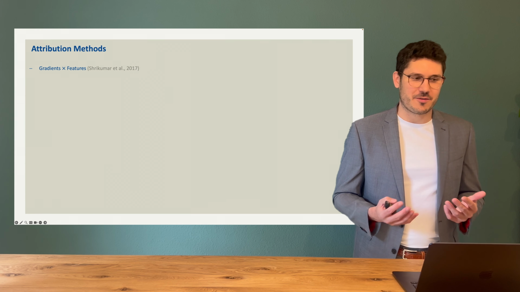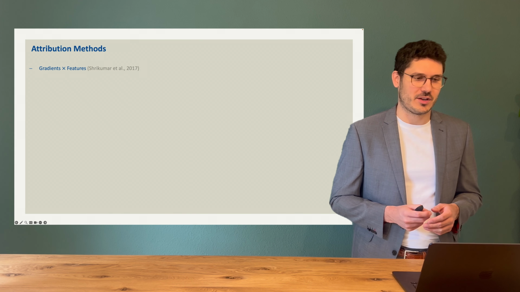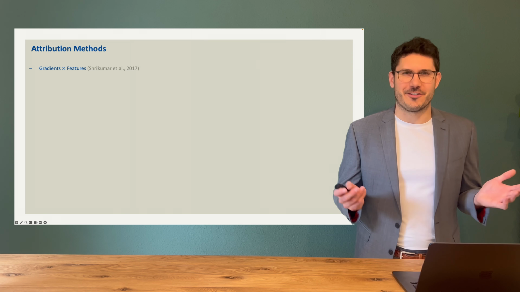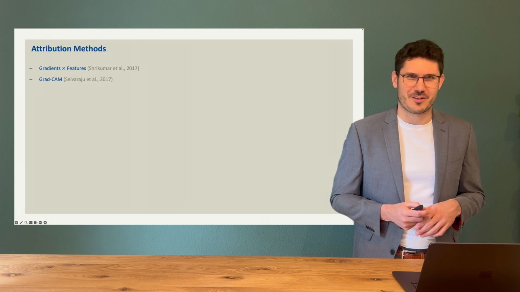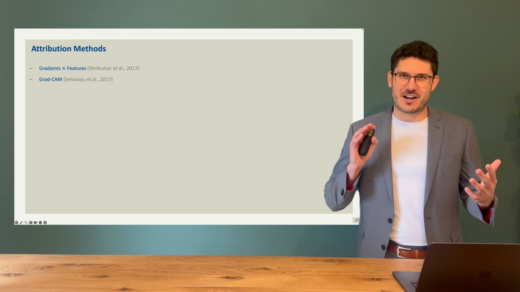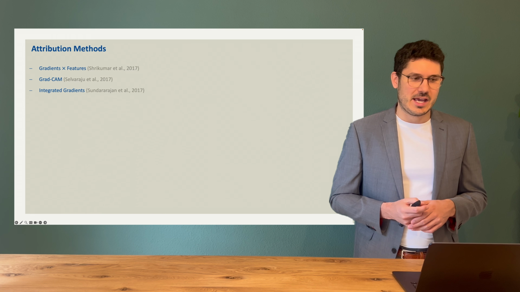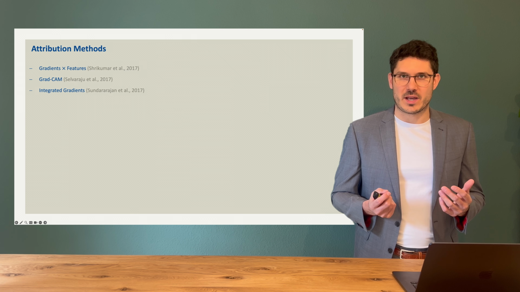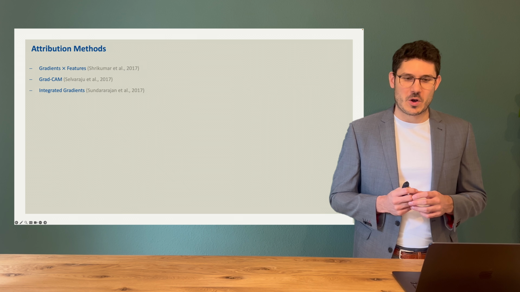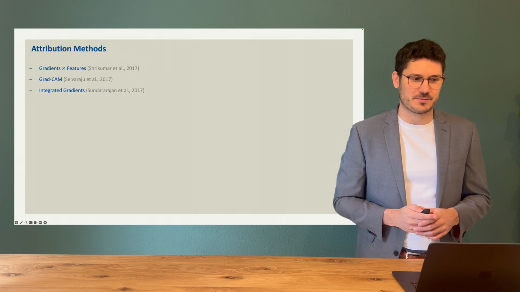So before, I have shown you one attribution method called gradients times features. However, there exists a bunch of different attribution methods. For example, Grad-CAM, where gradients are averaged across channels to reduce noise. There's integrated gradients, where you compute gradients along a path from a baseline to the feature map.